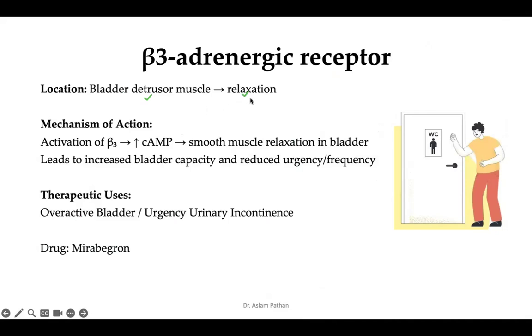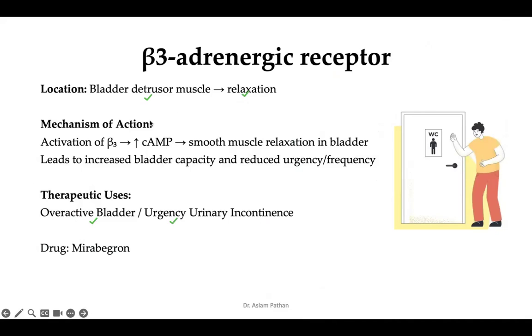This effect is useful in the treatment of overactive bladder or patients with urinary urgency or urinary incontinence.